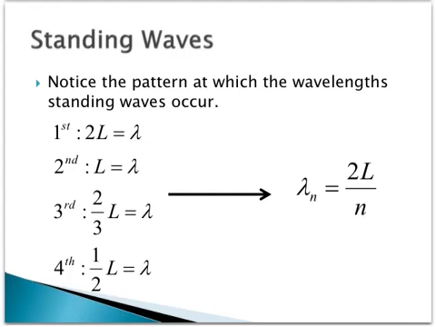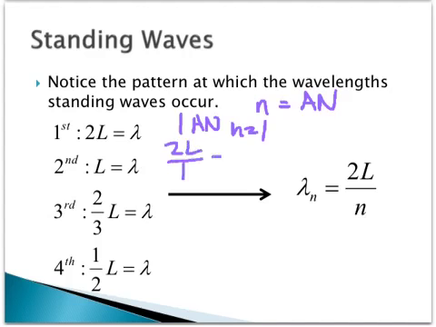So this you can take to a pattern. If you want to relate it to the number of antinodes, N can represent the number of antinodes. Here you get 1 antinode, so N would be equal to 1. If I take 2L over 1, the wavelength is equal to 2L.